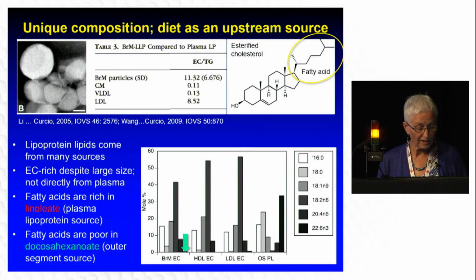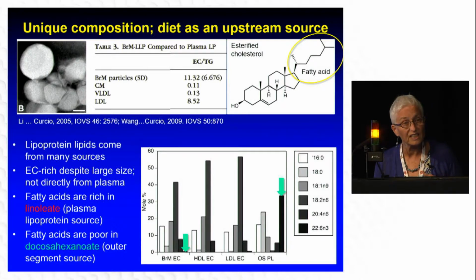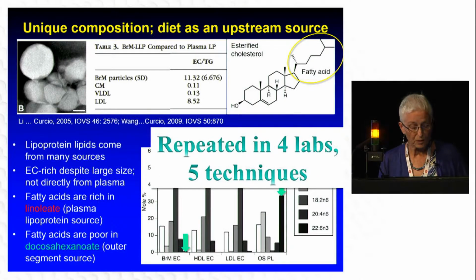And they have hardly any docosahexaenoate, DHA, which is the signature fatty acid of outer segments and all neural tissue. So from this, we deduced that the fatty acids were derived from dietary sources. It's been repeated in 4 labs with 5 techniques. One of them was a study by Paul Bernstein.